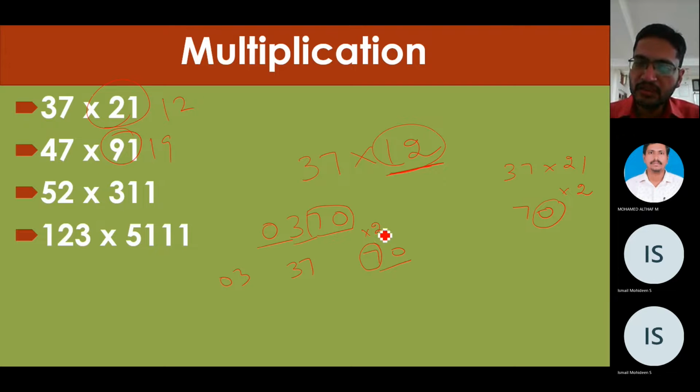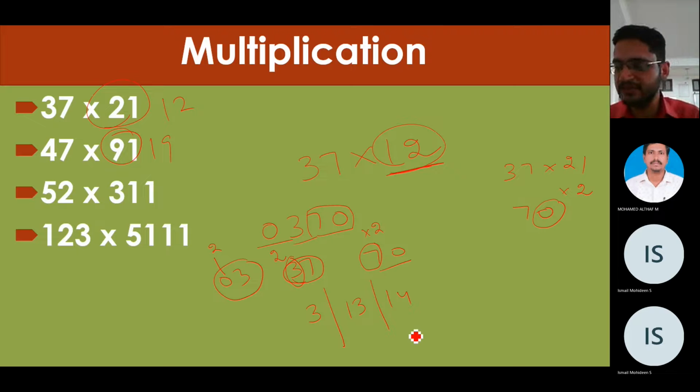Now 2 into 7, that is 14 plus 0, 14. Again, in this pair, I will multiply this digit with the 2. 6 plus 7, that is 13. In this pair again, I will multiply this number with the 2. 2 into 0, 0 plus 3, 3.